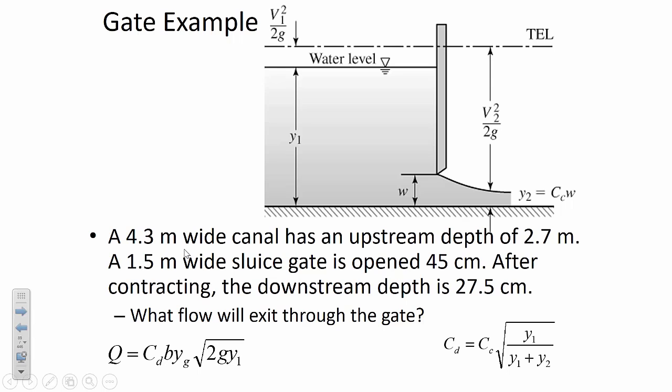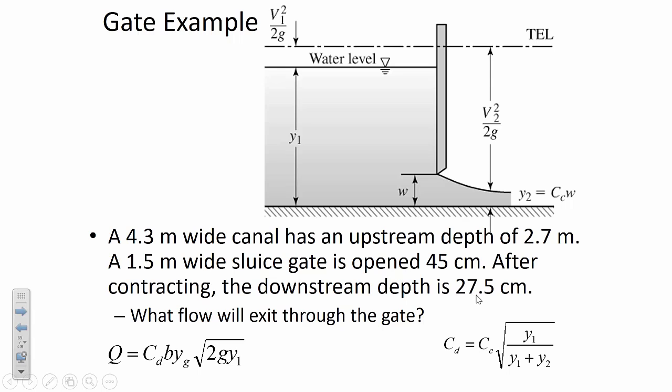What if we have a canal that's 4.5 meters wide, the Y1 upstream depth is 2.7 meters, but the gate is only 1.5 meters of the 4.5 meter wide canal. So what that means is that the B that you're using in this example is going to be different than the channel width. The gate opening W is 0.45 meters, and then after contracting, the downstream depth Y2 is 0.275 meters.